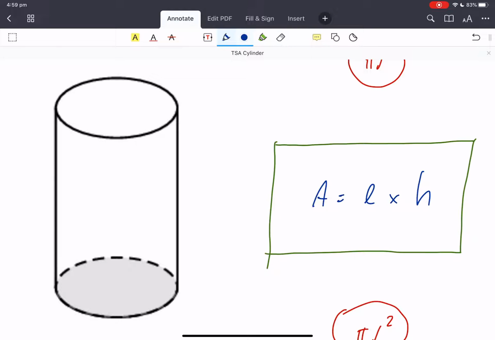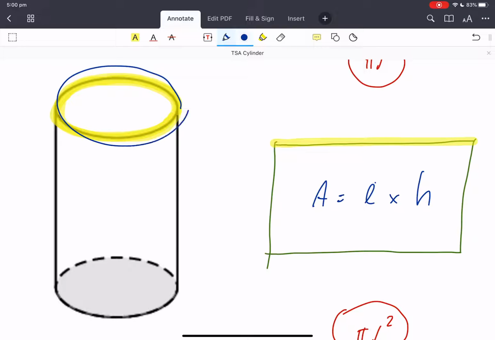The length of my rectangle is the same as the length around the circumference of the circle on the top. Well, we've got a rule to find out how far around this yellow circle is.